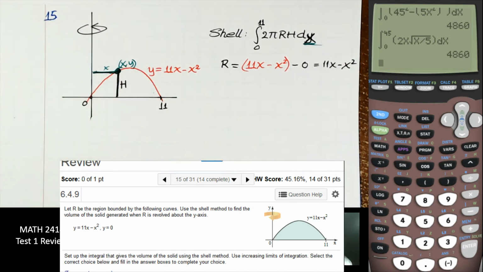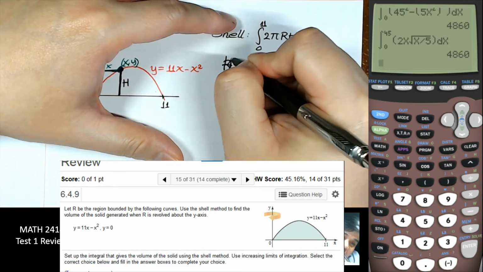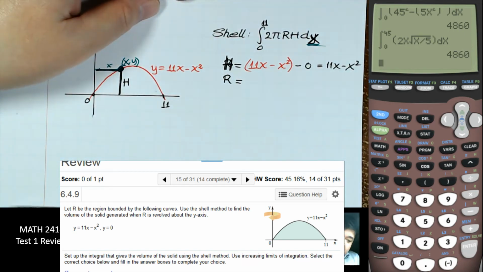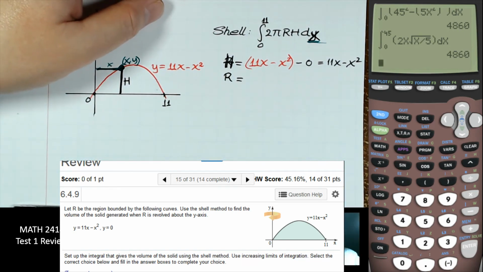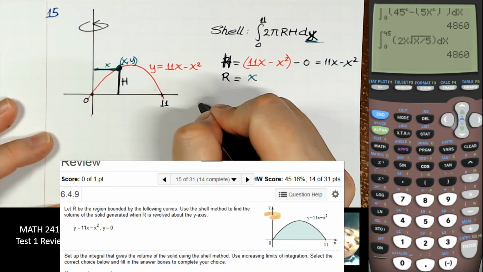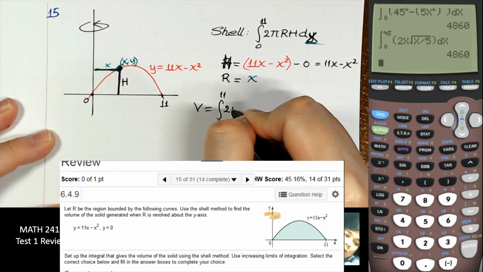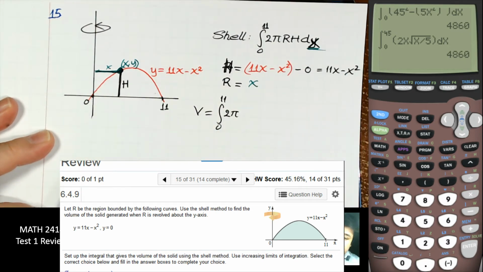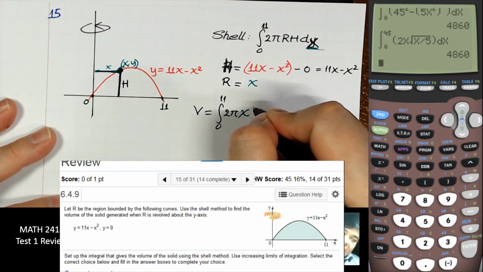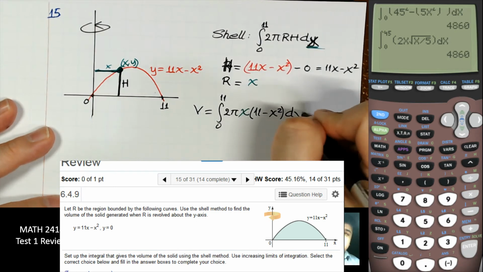It just happened to be x. This is the height. The r is going to be just x. So put all together, we have the volume, 0 to 11, 2 pi r is x, and h is 11x minus x squared dx.